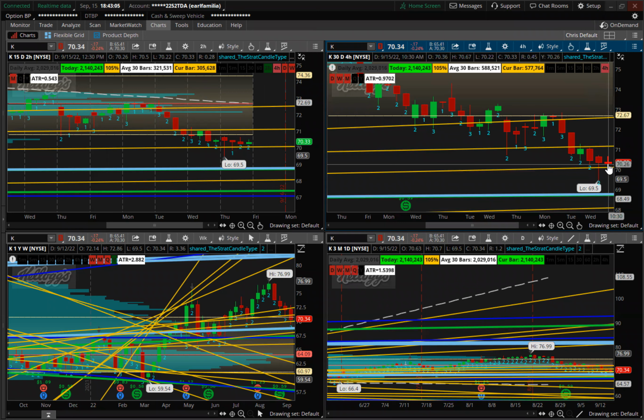Looking at an entry, give us a 212 below $70.22 for that 212 to the downside. That looks pretty clean. We do have a broad formation here at $70 that could be a little tricky, but this one looks clearly like it's going to move to the downside. I think that broad formation may get cooked eventually.